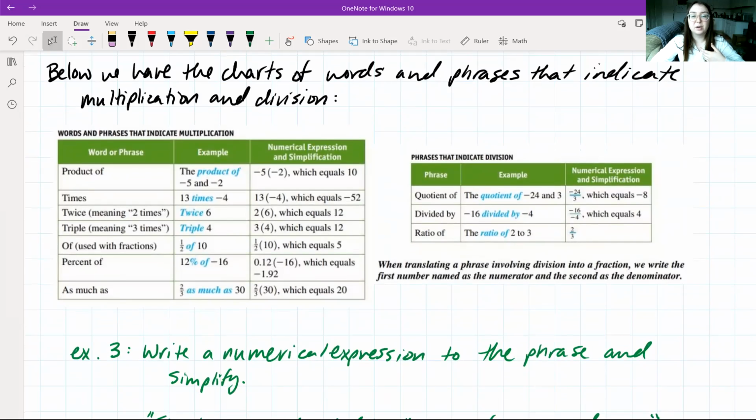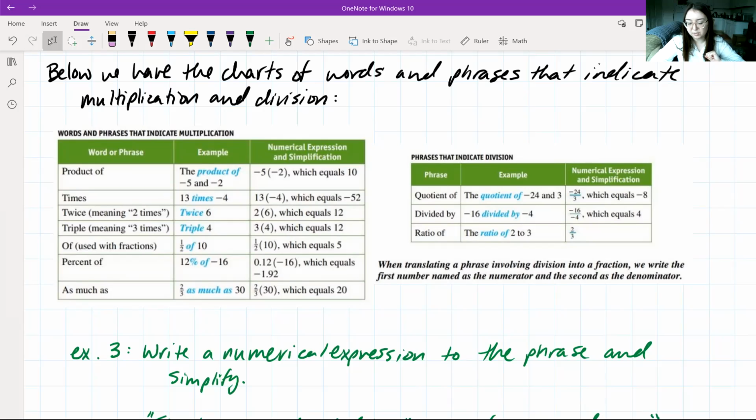Percent of, so whenever we use percentages, that would also be multiplication. And as much as, so 2/3 as much as 30. So in this case, we would also have multiplication. So all of these words indicate our multiplication, and we can express them in our numerical expressions.